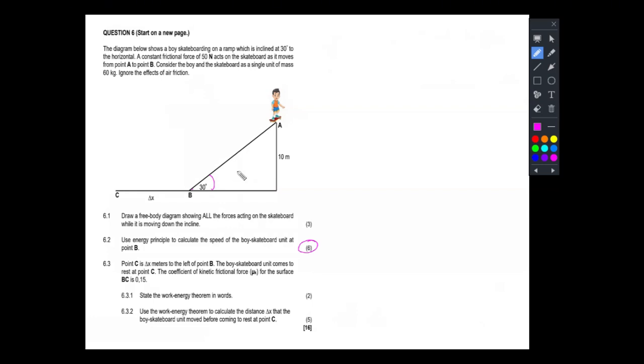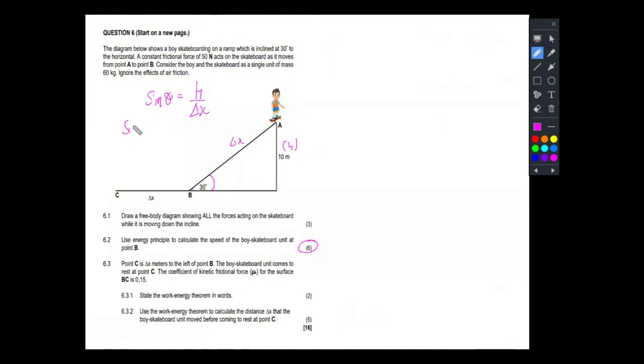And if we can look at the diagram, we can see that it is obviously the displacement, because from A to B, we are not given the displacement. So what we can do now is to say that if we are to use our trig ratio sine theta, we want to have sine theta is equals to opposite over hypotenuse, which your opposite is your height, and then your hypotenuse is your delta x here.